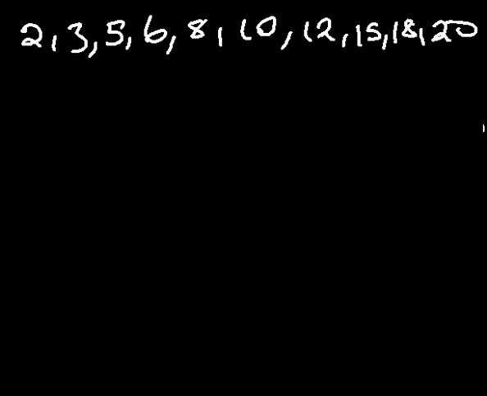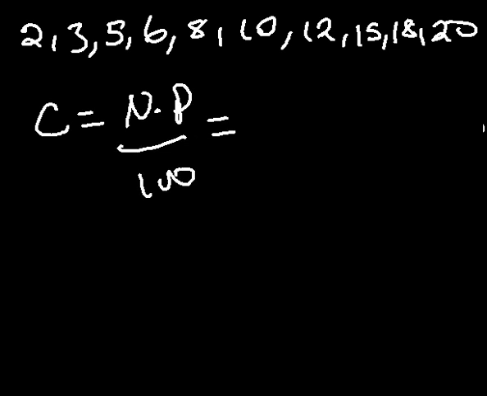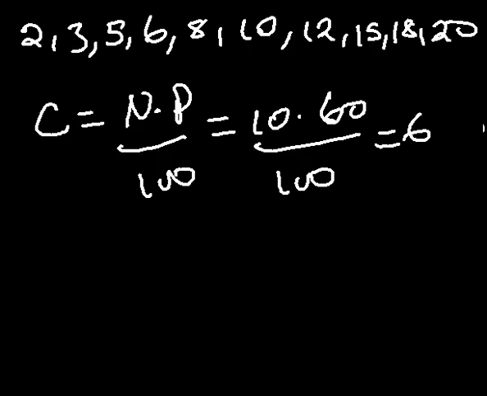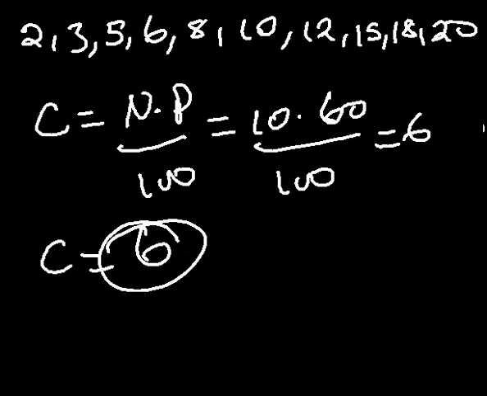So C is equal to the number of values, N, times the percentile divided by 100. We'll have 10 times 60 divided by 100, and this is the same as 6. So now you can see that we have 6 as the position.